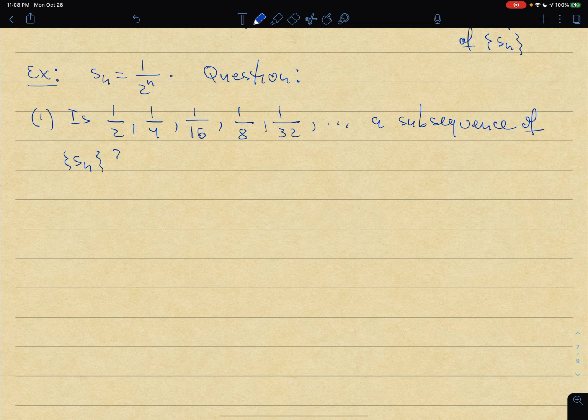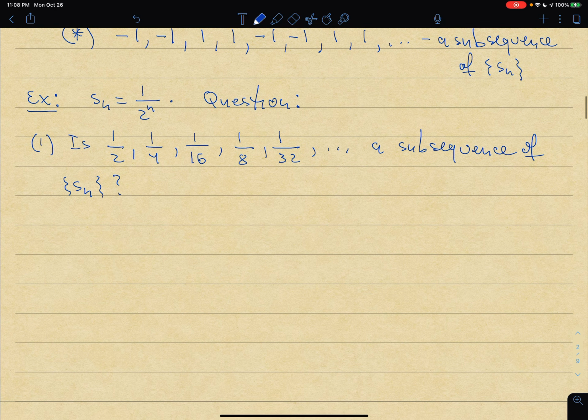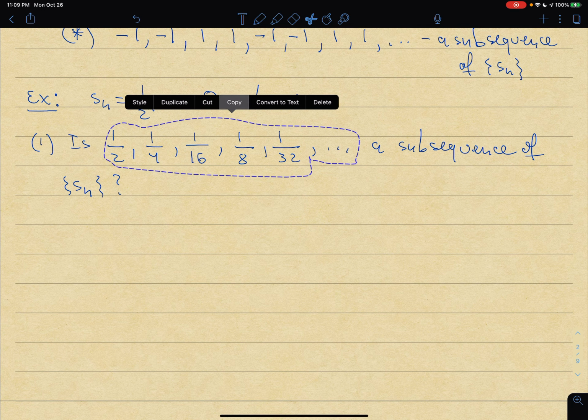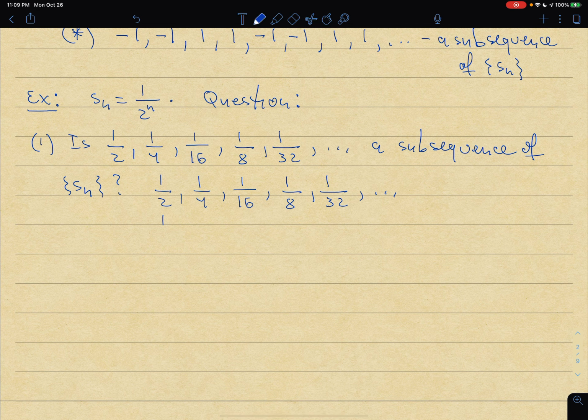Well, how do I decide? How is my n of k going to look in this case? So 1/2 will correspond to n equal to 1 in my original sequence.